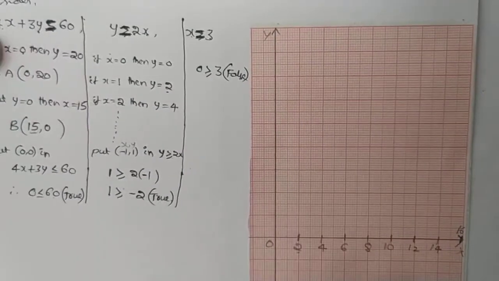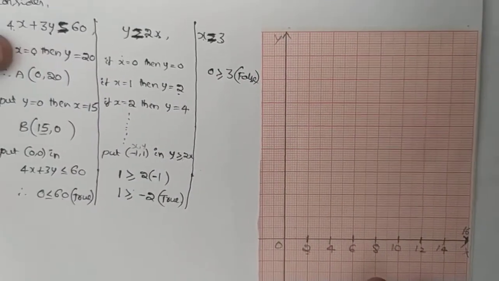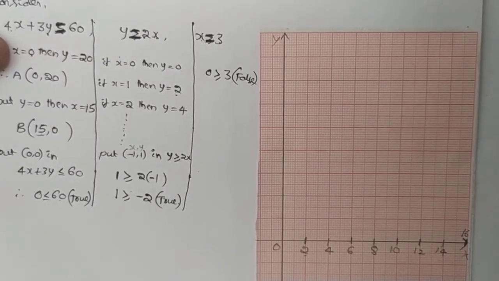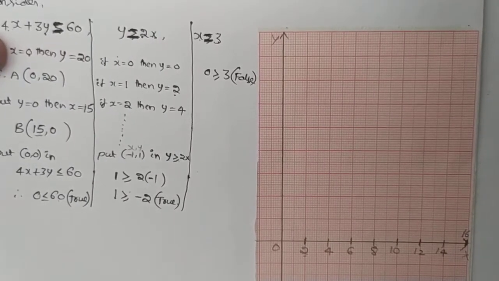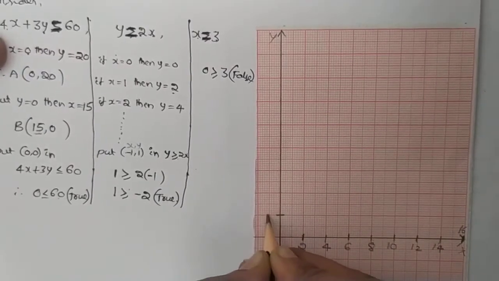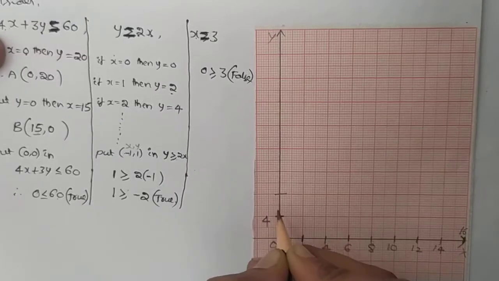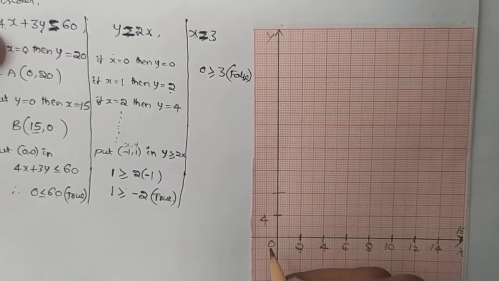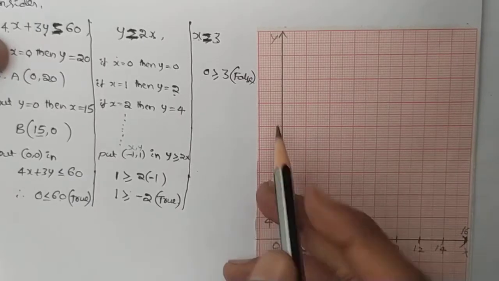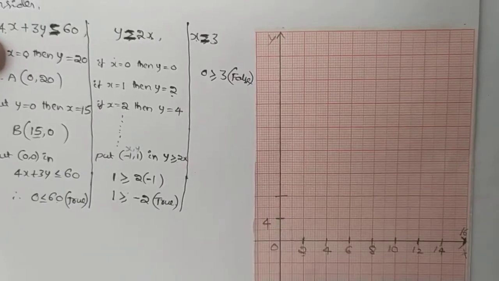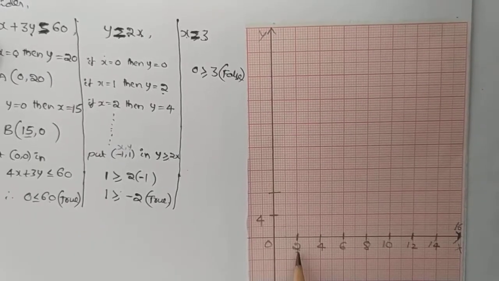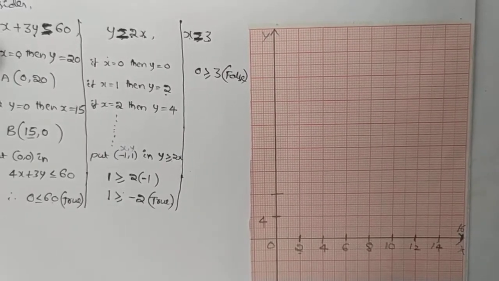If I take two differences on the y-axis, then I won't find 20 on the positive y-axis, and I don't have so much space, so I am taking 4 differences on the y-axis. Kindly take in your graph notebook 1 difference: 1, 2, 3, 4, 5, 6, 7, 8, 9, 10, up to 20, and take the values on the x-axis like this, 1, 2, 3, 4, 5, 6, 7, 8, 9, 10 and so on.